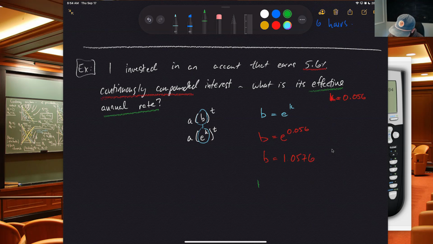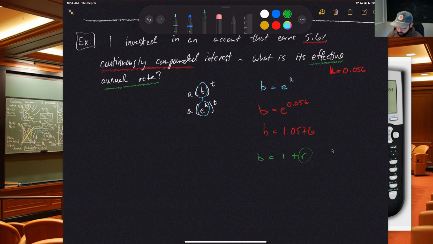Well, we know that b equals 1 plus r, where r is that annual growth rate. So then we know that this must be equal to 1 plus 0.0576. So then r must be 5.76% annual interest.